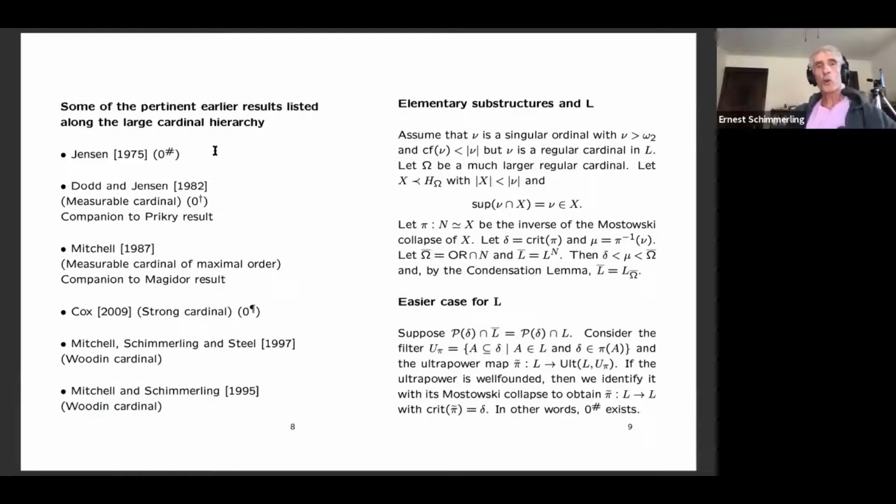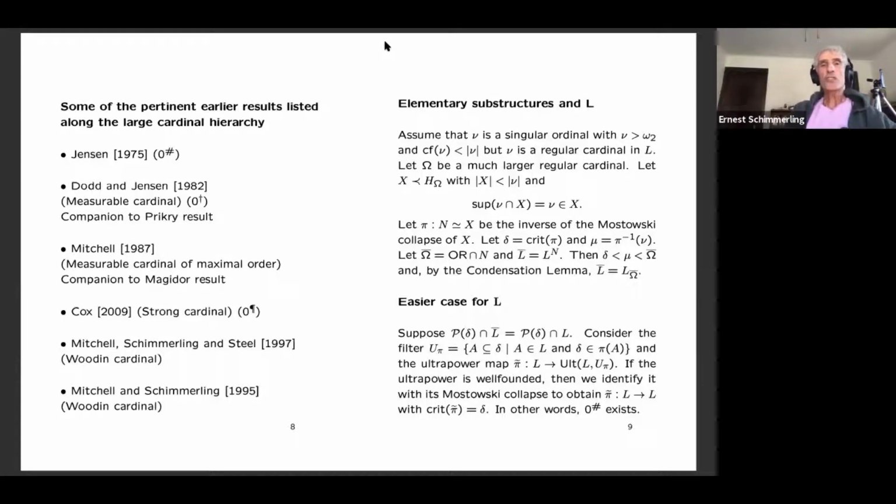Okay, so what's the plan? I'm going to prove the theorem for L, or at least outline the proof of the theorem for L. Of course, L doesn't have measurable cardinals, so that rules some things out. So I'm going to be assuming zero sharp doesn't exist and show you what happens. By the way, K is L if zero sharp doesn't exist.